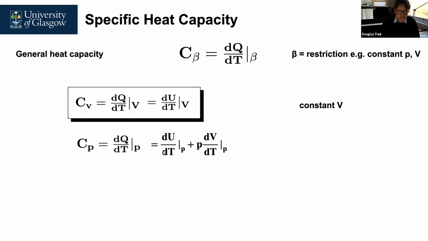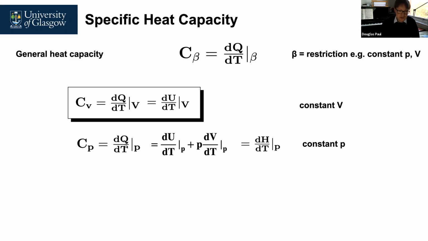So then if we differentiate, we have the rate of change of the internal energy with temperature at constant pressure. We're at constant pressure, so we don't need to differentiate that. But we then have to differentiate the volume with temperature at constant pressure. Now, in fact, this is just the same as the rate of change of enthalpy, because at constant pressure, the heat just equals enthalpy.